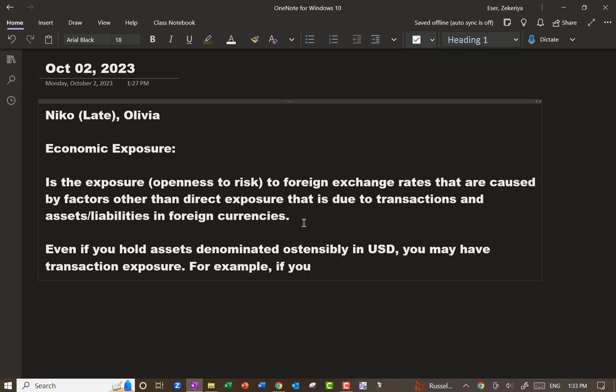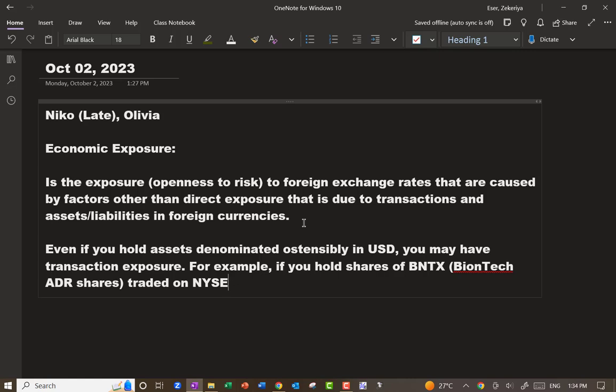For example, if you hold shares of, let's call it BNTX, which is BioNTech ADR shares traded on the New York Stock Exchange, you still have transaction exposure.